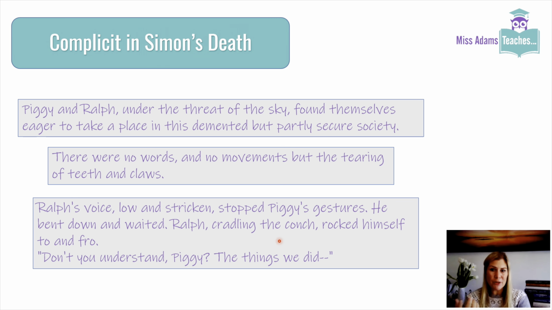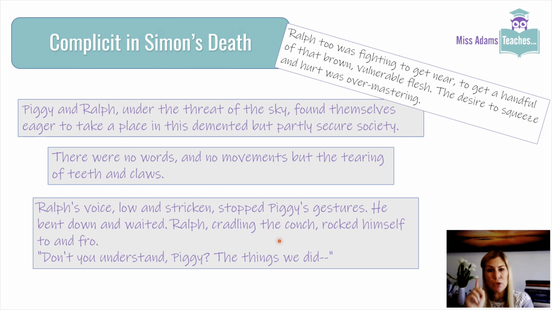Now, you might think Ralph's complicity here seems madness when the only imperfection that we've seen so far is that cruelty to Piggy. But look at the way that Ralph takes part in the dance when Robert takes the form of the pig. There is that moment where Ralph's bloodlust has been incited, when they are trying to kill the pig, but Ralph doesn't quite manage it, and they play the game with Robert. Look at what Golding says.